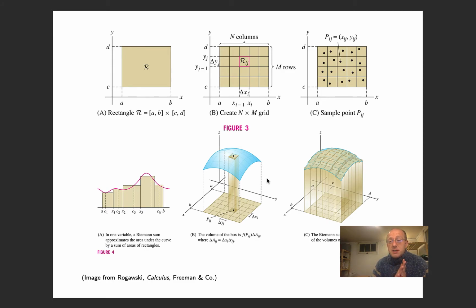Last observation here, if you were going to add up all these columns or all these pillars, how would you do it? Would you just add them up in random order? You'd probably be organized about it, right? You'd go across the rows, add up the first row, and then the second row, and then the third row, and so on. Add up each row, record the row totals, and then add up the row totals. Or you could add up each column.